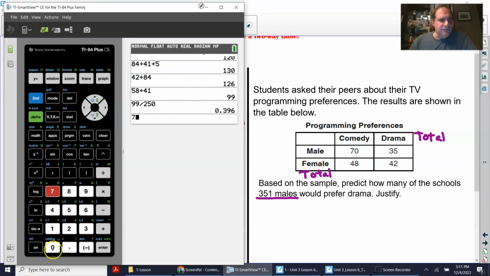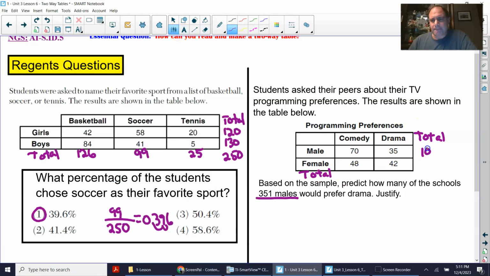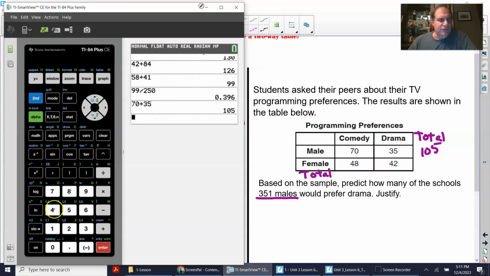Out of the males, 70 plus 35 is 105. Then 48 and 42, add them together, you get 90. 90 plus 105 is 195.